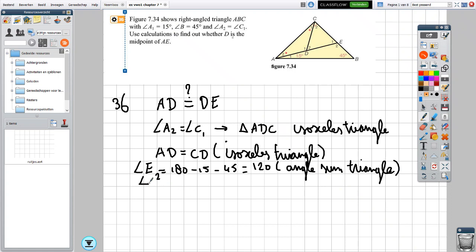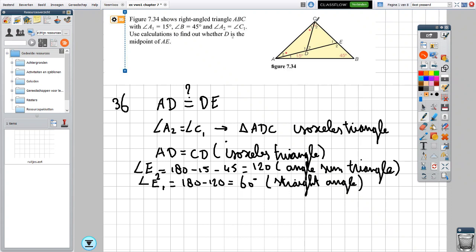And that means angle E1 must be 180 minus 120 equals 60 degrees because of the straight angle. Hey, that's nice. I already know this one is 60 degrees.